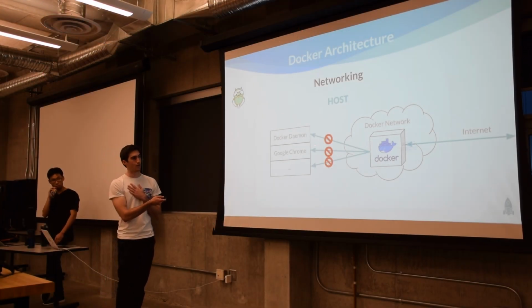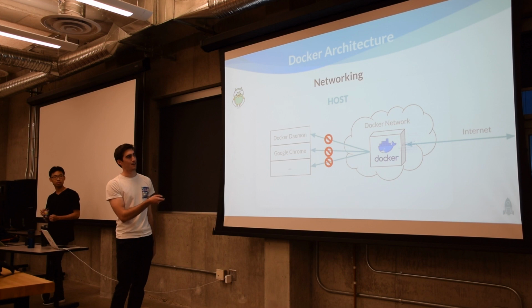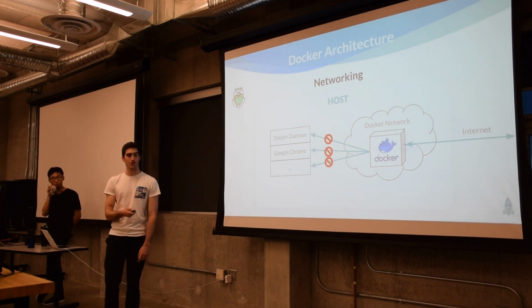Here's a really powerful example of why this is a bad thing. You really don't want your container to be able to talk to the Docker daemon. Communication needs to go that way because the daemon controls the container. But if the Docker container can send stuff to the daemon, then if someone is able to compromise your Docker container, they can send commands to the Docker daemon and start new containers, and they basically just took over your system.